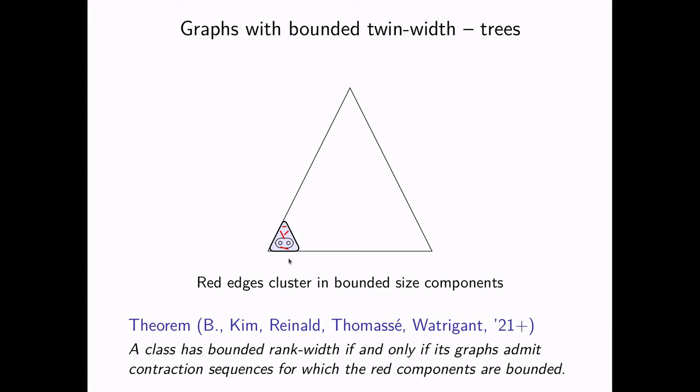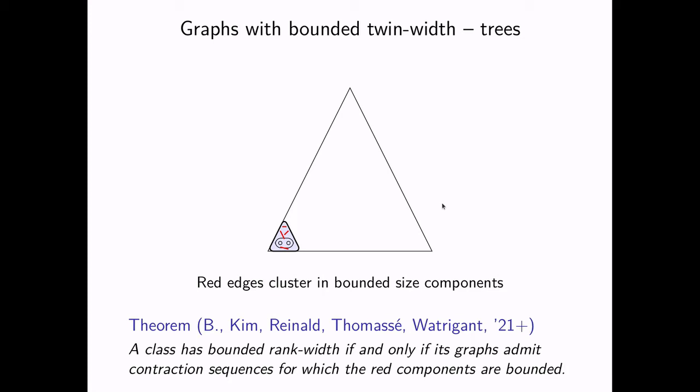It happens that this is an if and only if, so you can define rank widths that way with a contraction sequence. And because tree width is a sparse version of rank width, you could also define tree widths with contraction sequences. And you can also define linear rank widths and path widths. So linear rank widths, it's the same where you replace the tree by a path.